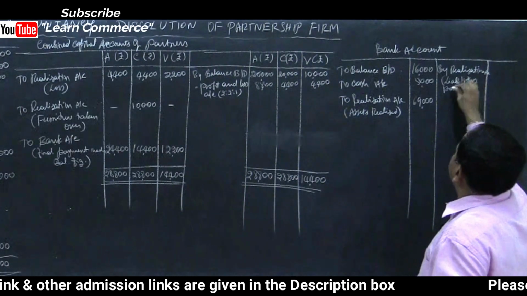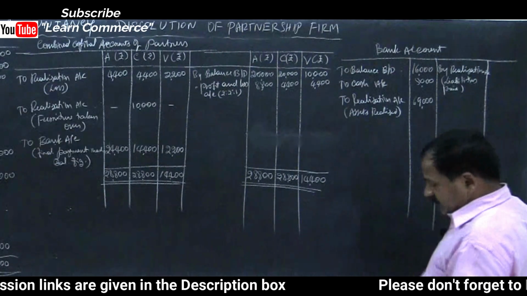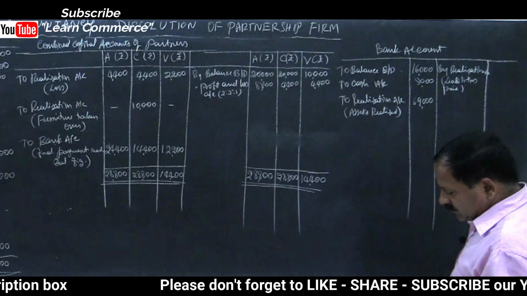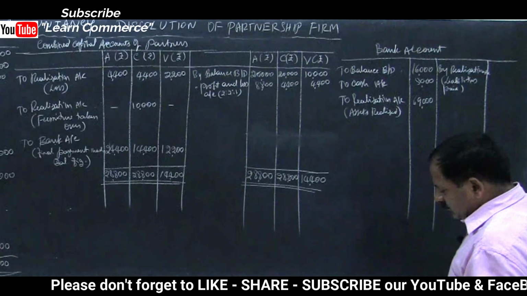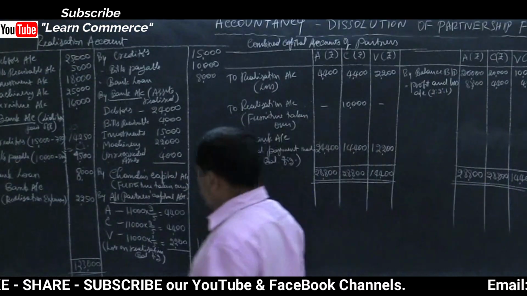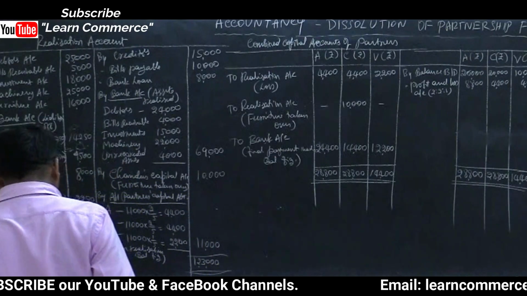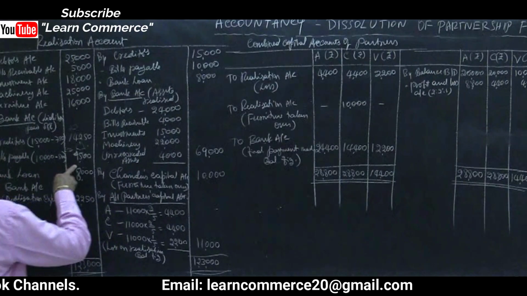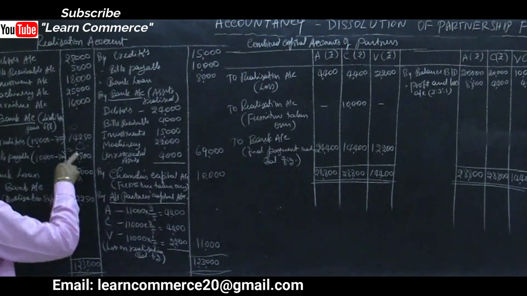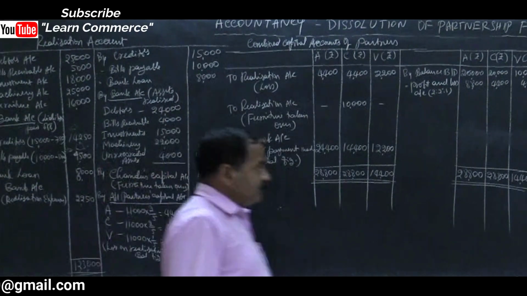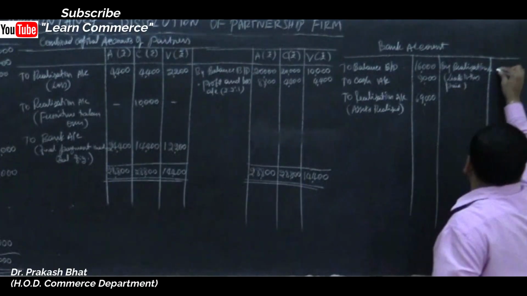How much? 31,750. Is that correct? Yes, 31,750. Write it.